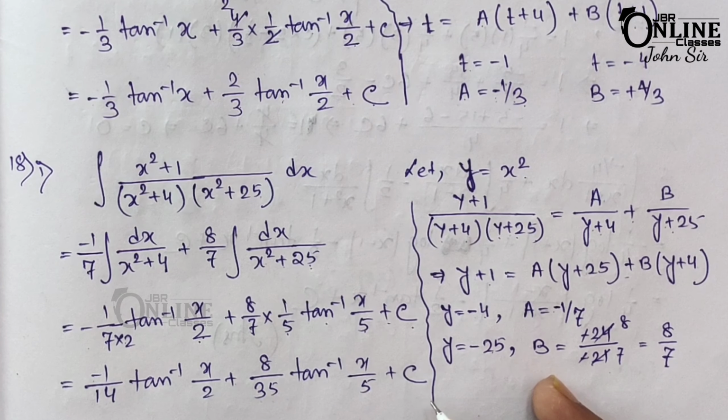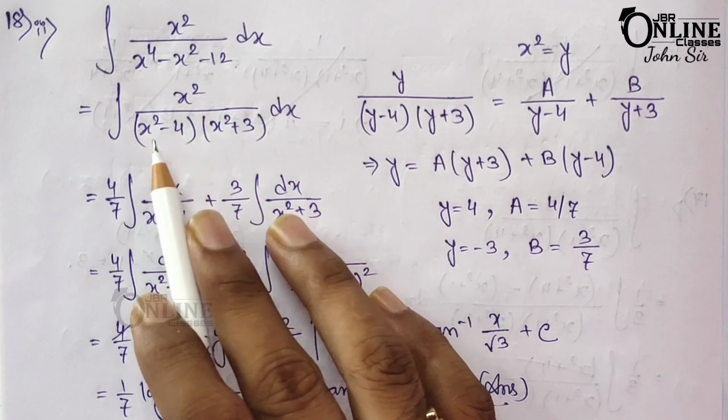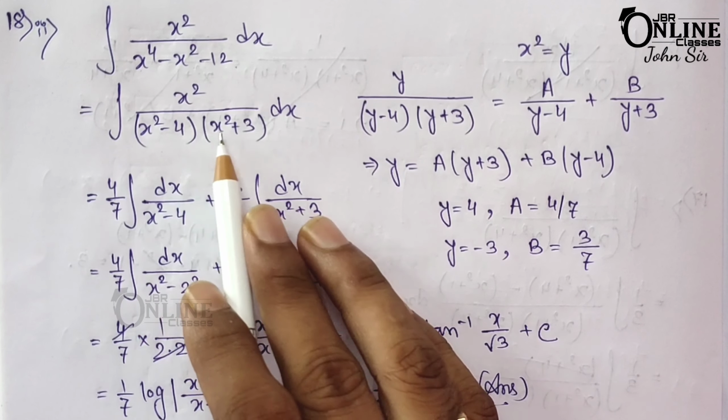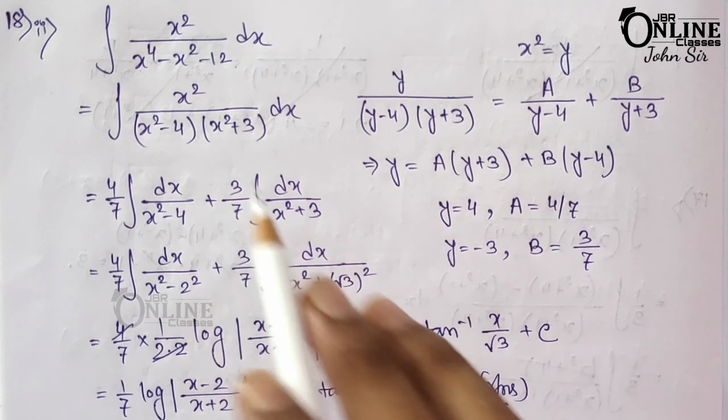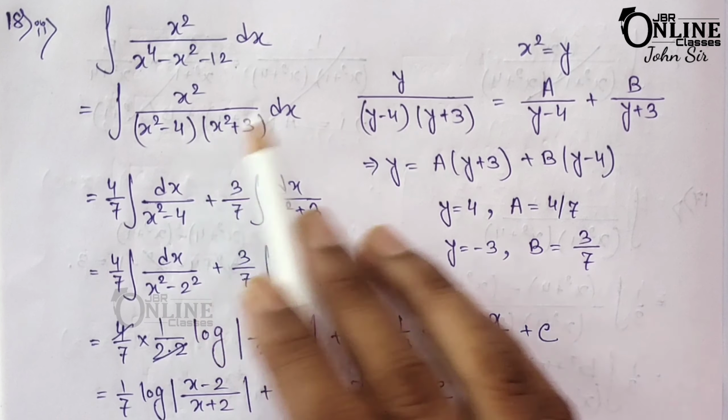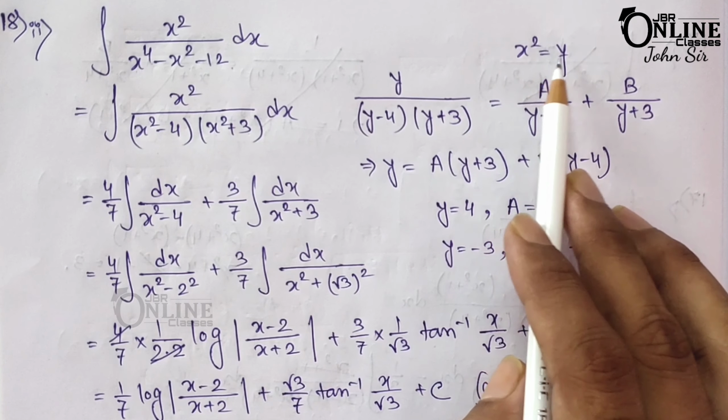Next 18(2). Integration x square by x to the power 4 minus x square minus 12. Okay, so as here x to the power 4 minus x square minus 12, if you solve it by middle term factorization method, then you will get x square minus 4 into x square plus 3. Now for the partial fraction, please let x square as y.